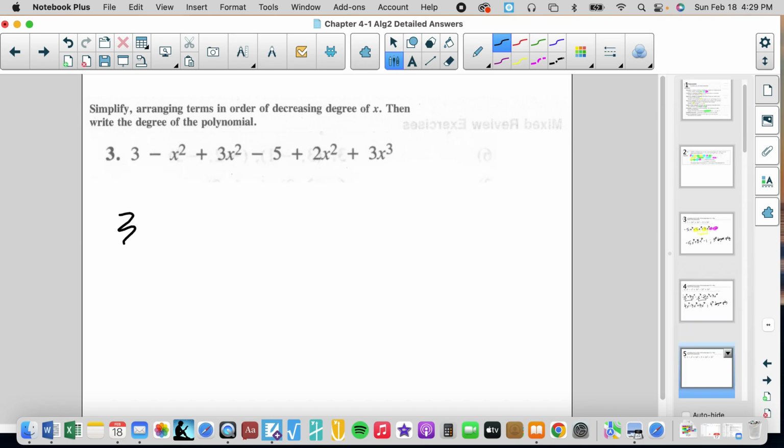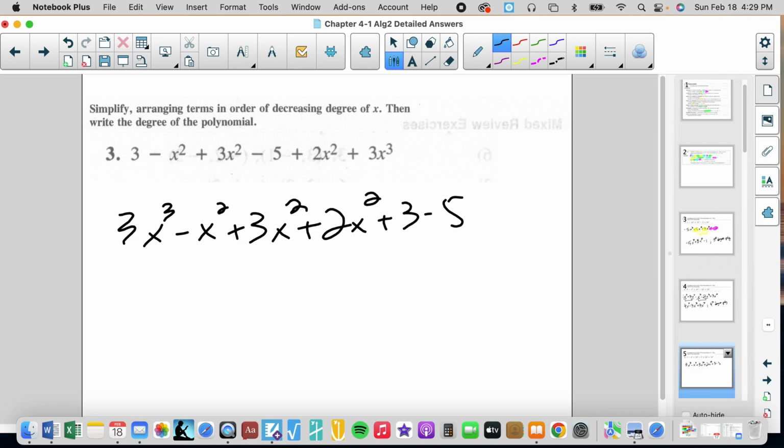We have 3x to the third minus x squared plus 3x squared plus 2x squared plus 3 minus 5. Doesn't have a pair, so we have 3x cubed. These are all like terms, so we're going to combine, and we get plus 4x squared and then minus 2.